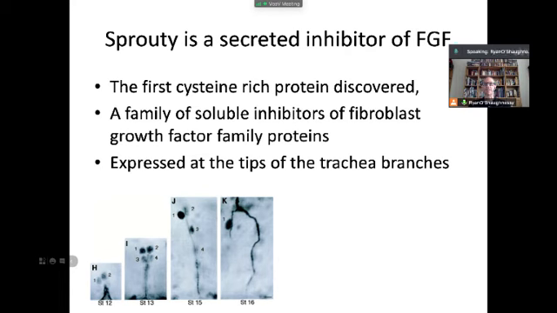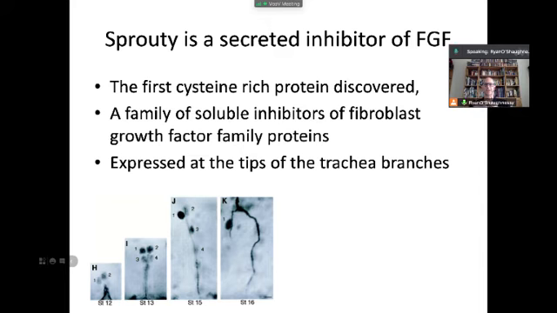And so it turns out, Sprouty is a secreted inhibitor of fibroblast growth factors. So remember, the fibroblast growth factor, branchless, is secreted. This gene, Sprouty, can inhibit its function by preventing FGF binding the FGF receptor.